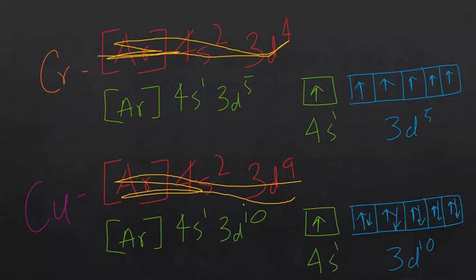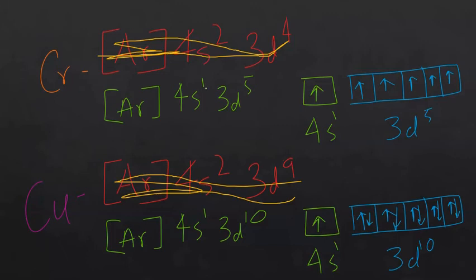And that's because the subshells are much more stable when they're either completely filled or half filled, than when they are just partly filled. So right here, if we had a 3d4, that's neither half filled nor fully filled for the D subshell, which is not stable.